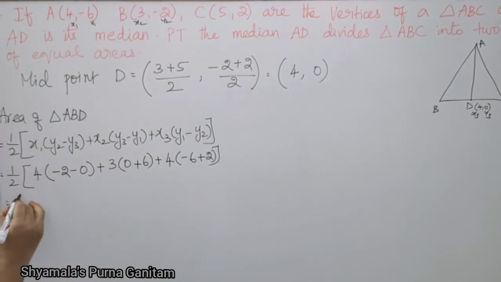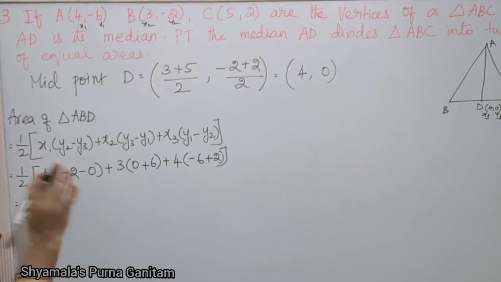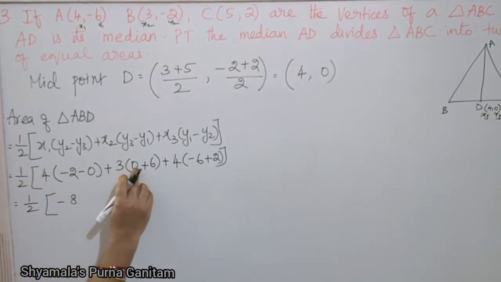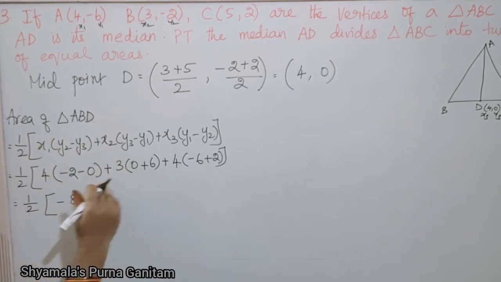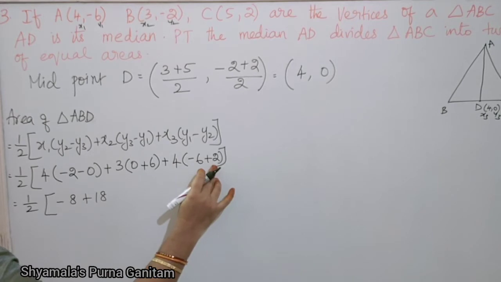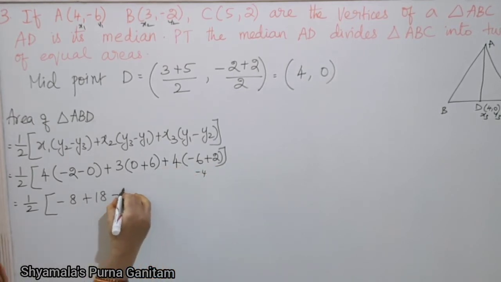Substituted everything. Now simplification. Minus 2 minus 0 is minus 2, so 4 2s are 8, minus 8. 0 plus 6 is 6, 6 3s are 18, plus 18. Minus 6 plus 2 is minus 4, so 4 4s are 16, minus 16.